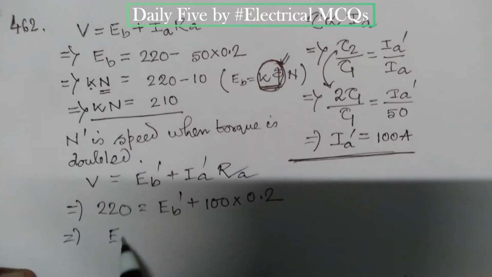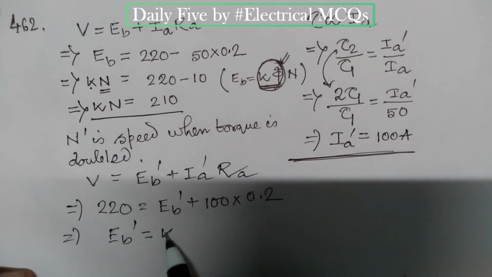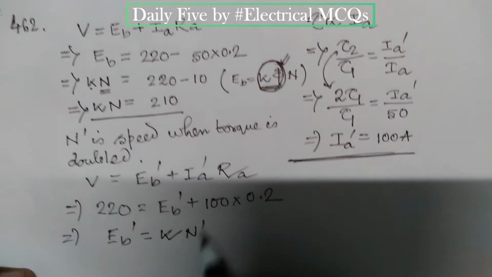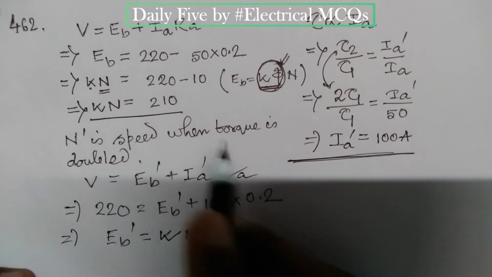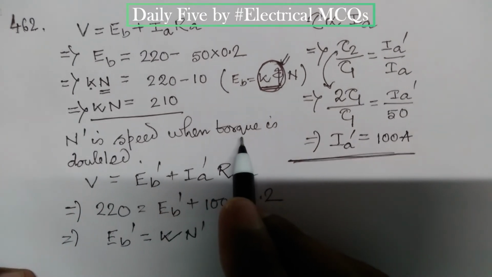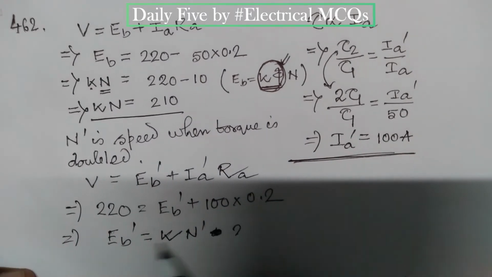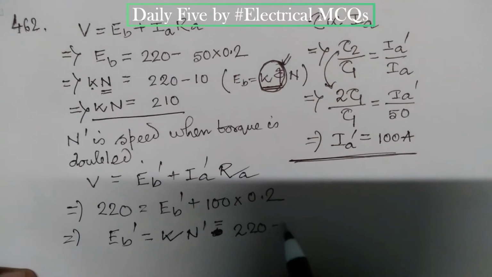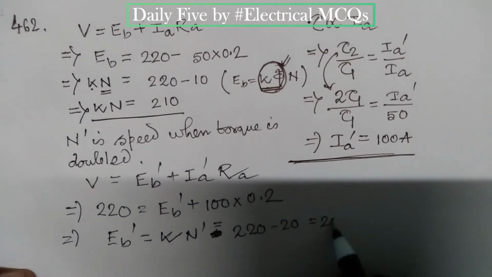So Eb dash, which is K into N dash, where N dash is the speed when torque is doubled, equals 220 minus 20, which is 200 volts.